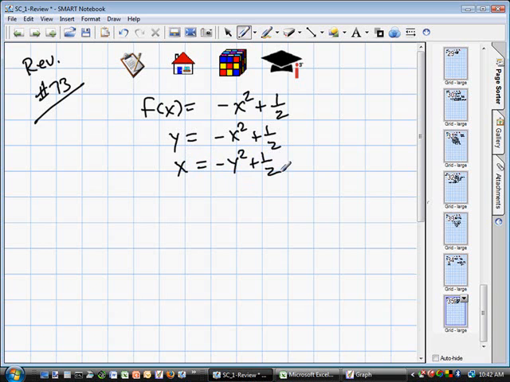Now we got to try to solve for the new y. So we would subtract 1/2 from both sides. I would now multiply both sides by -1 to get that negative out of there. And then I would take both square roots.